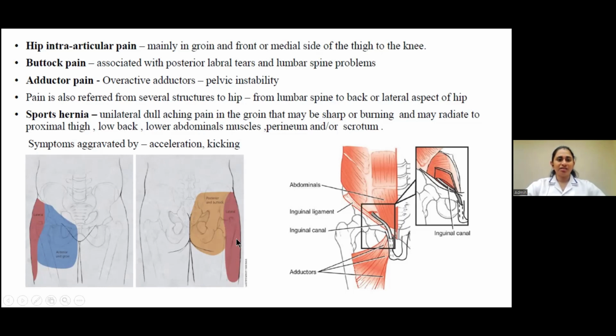Then if there is buttock pain, it is normally associated with lumbar spine problems, again, depending if there is any nerve root being involved, or it can be indicative of a lateral tear. Then the adductor pain can be because of overactive adductors, also leading to or indicative of pelvic instability.